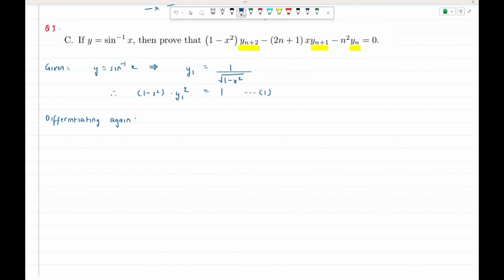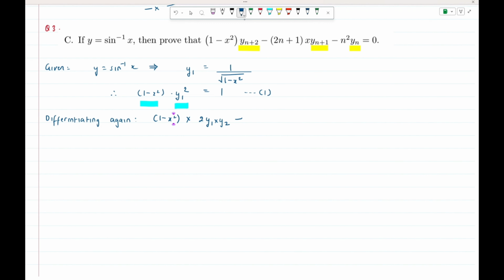Now since it is a product of two terms, we are going to take help of the product rule, also commonly known as the UV rule. That's going to be u as it is multiplied by the derivative of v. The v part over here is y1 square. So that is going to be 2y1 into y2. The other y2 comes as an application of chain rule, because we have to differentiate y1 again, and differentiating y1 is going to give us y2.